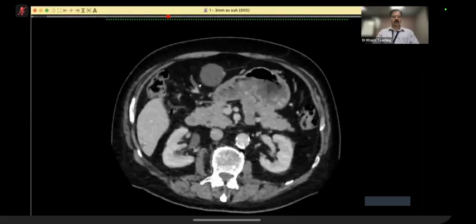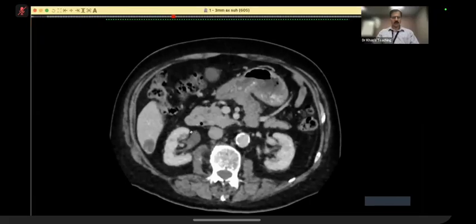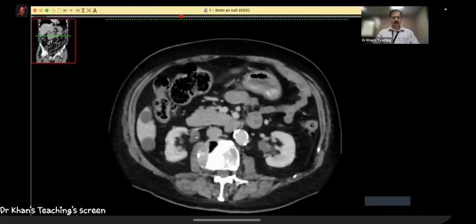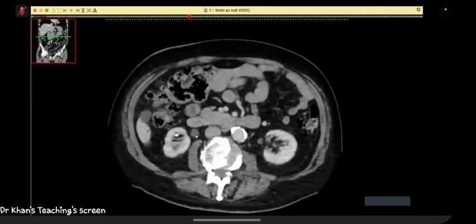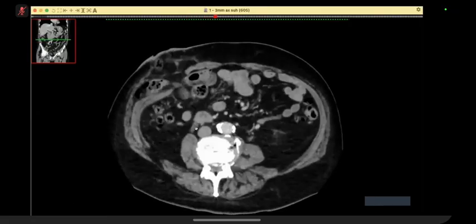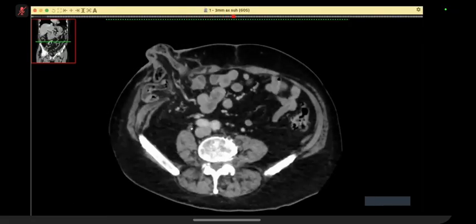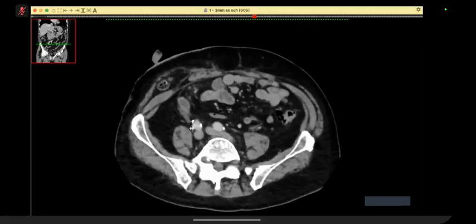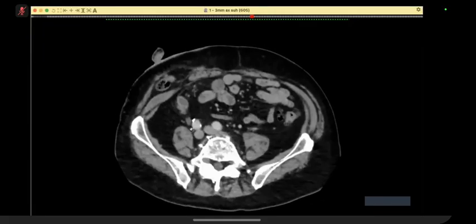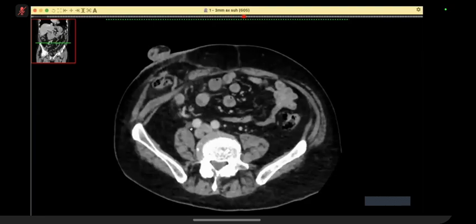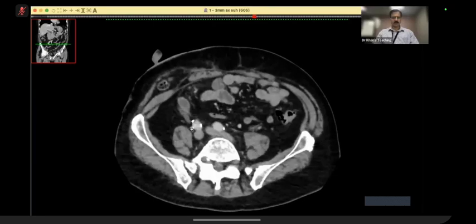Okay, excuse me, because you are not able to scroll, I'll guide you. Look at this ureter where I am pointing out. Keep looking at the ureter. Okay. What is happening?